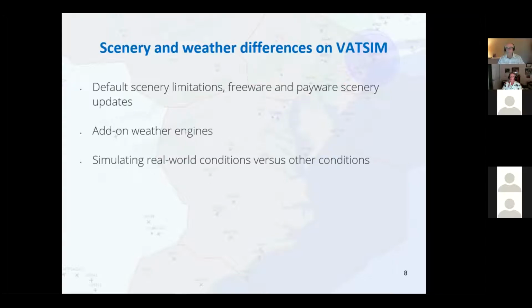You have some interesting things relative to scenery and airport configurations. I think those of us that are using X-Plane 11 have fairly current and accurate scenery and airport depictions. But some flight simulators that can join the VATSIM network might not be current. So you can run into a situation where what the controller sees in terms of runways and taxiways, et cetera, might be different than what you have in your airplane.